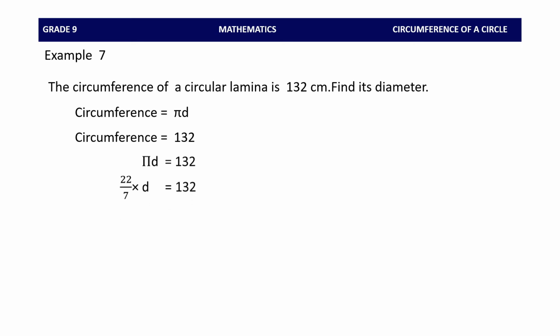Now substitute the values in the equation: 22 over 7 multiplied by d is equal to 132. Now multiply the equation by 7, you get 22d is equal to 132 multiplied by 7. d equals 132 multiplied by 7 divided by 22.